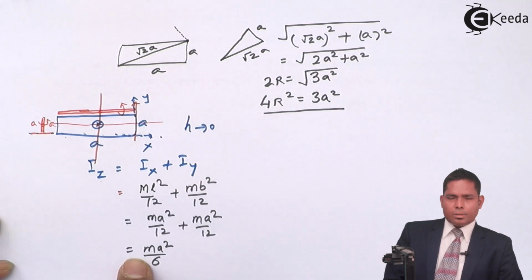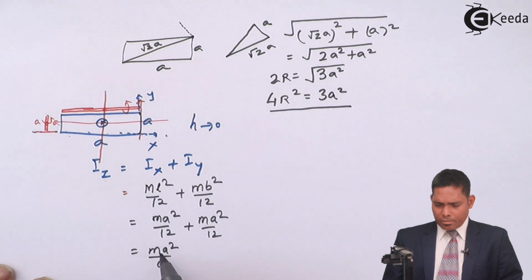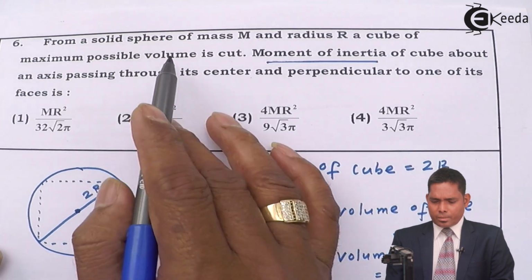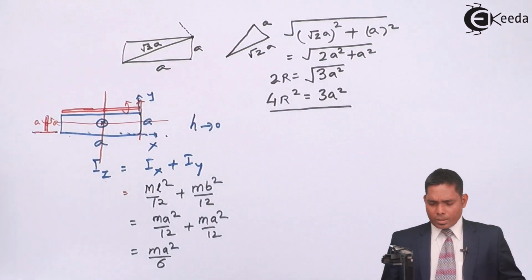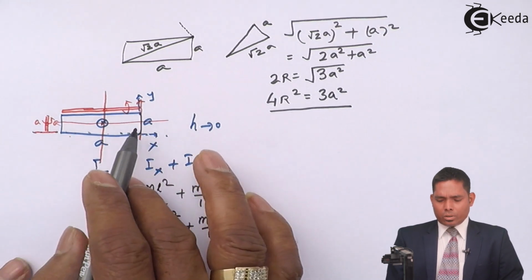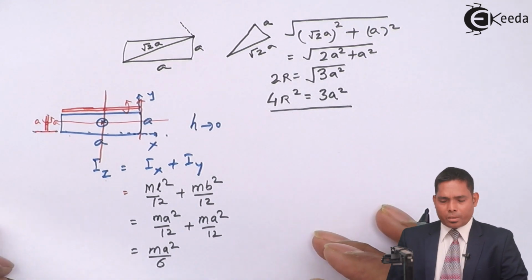So this is ma square by 6, but here the m is not the m in the question, this is the mass of the sphere. This is not the mass of the cube that is cut. The mass of the cube is something else, and we have to find the mass of that cube. Then proceed further.